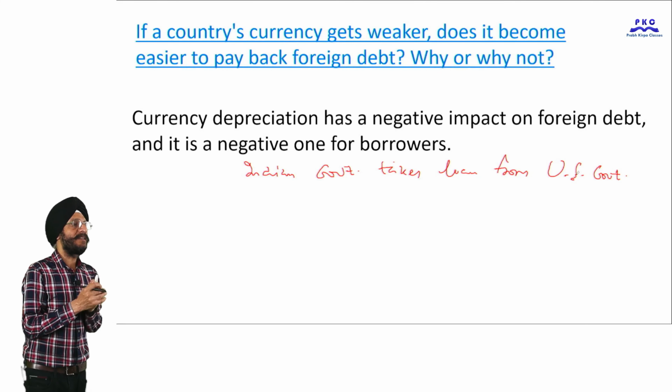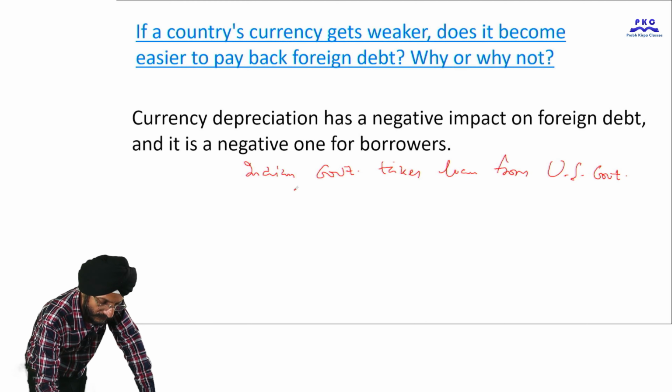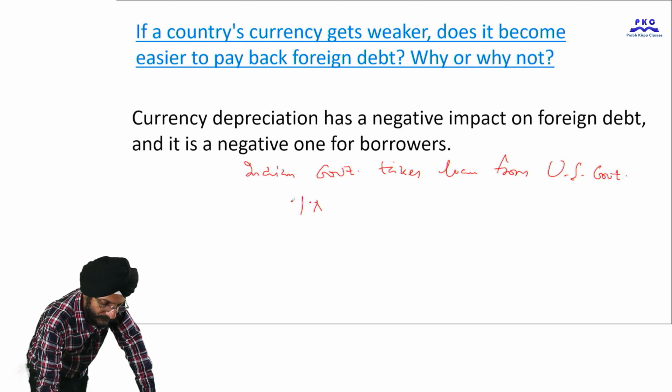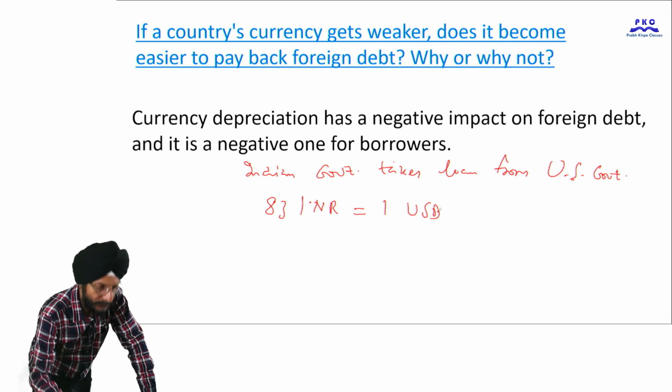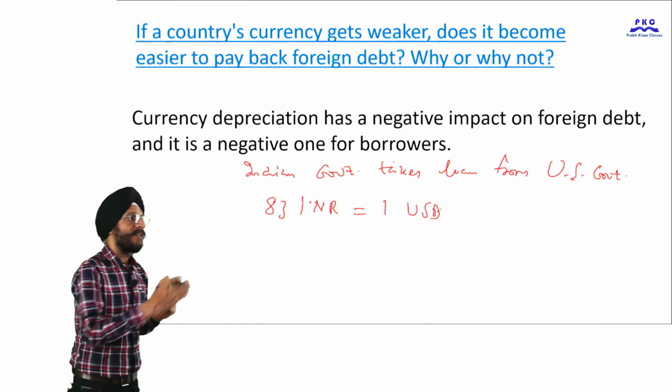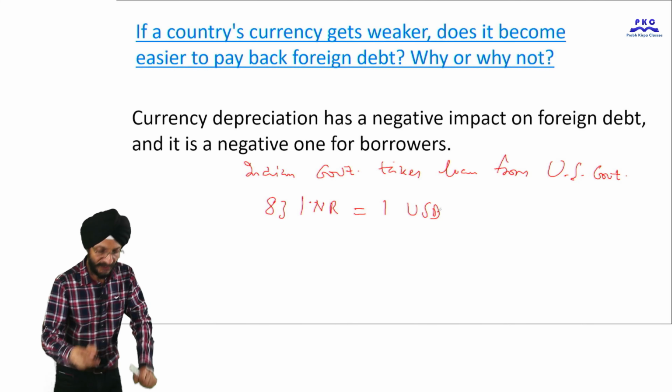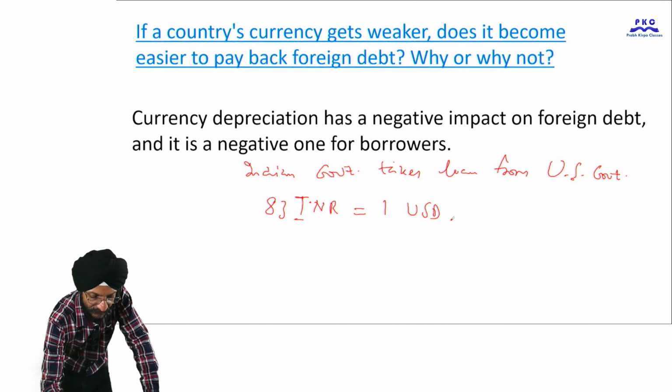What is the present exchange rate? Approximately 83 Indian rupees is equal to 1 US dollar. This is the present exchange rate. That is, if we pay 83 Indian rupees, we can get 1 US dollar.